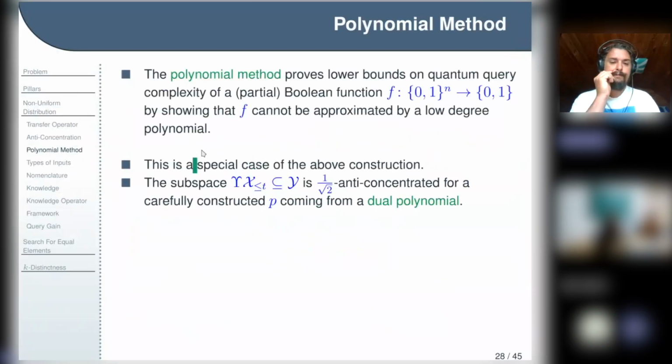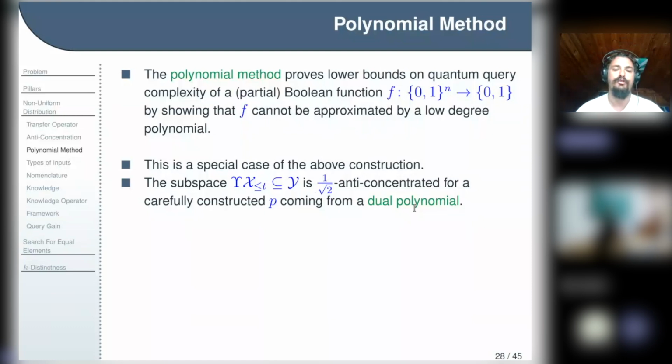If I'm applying epsilon to this, epsilon again goes to this probability distribution that I care about. It is 1 over square root of 2 anti-concentrated for a carefully constructed p coming from a dual polynomial. The dual polynomial is a way to show that your function cannot be approximated by a polynomial.